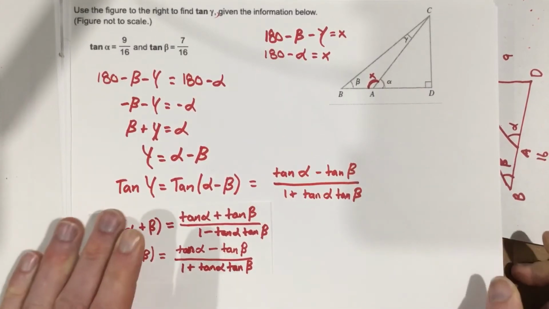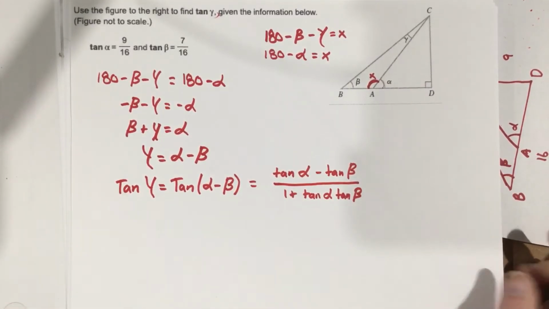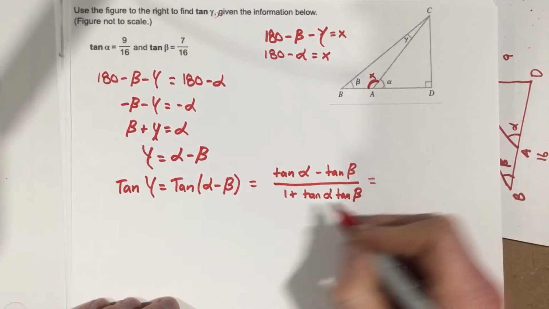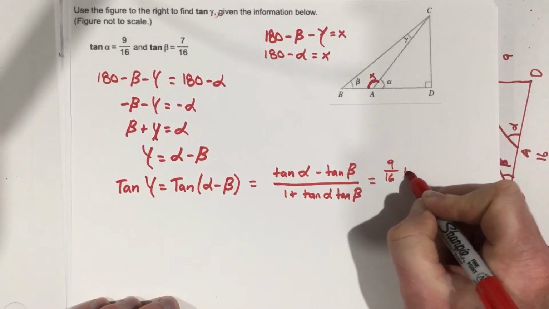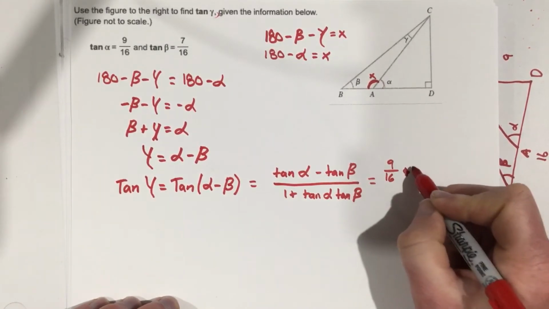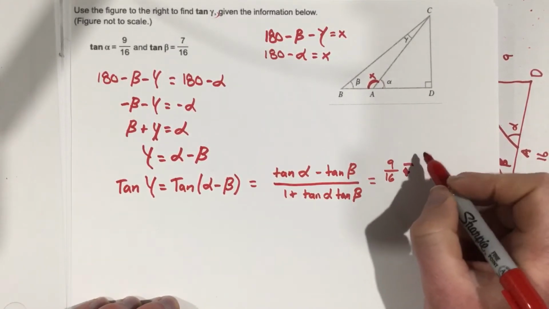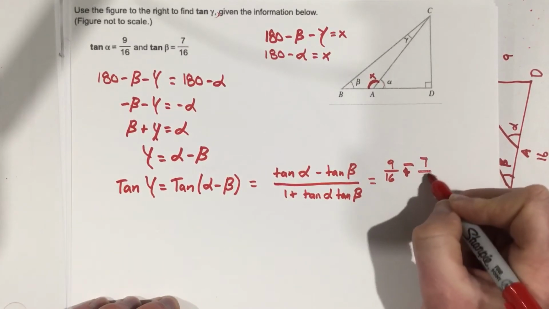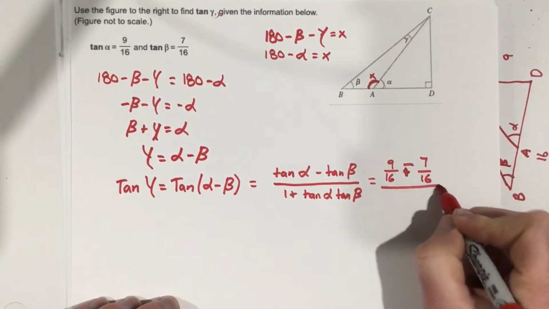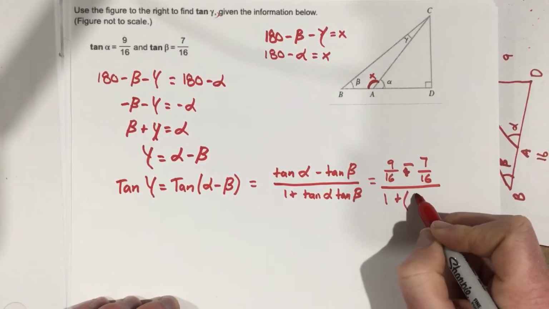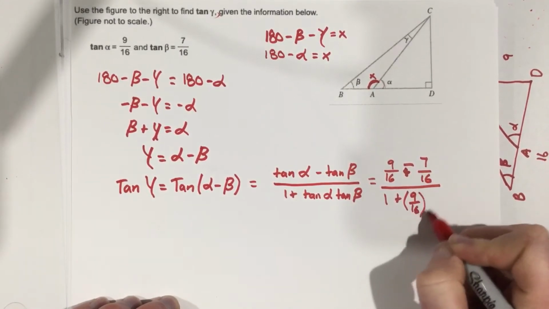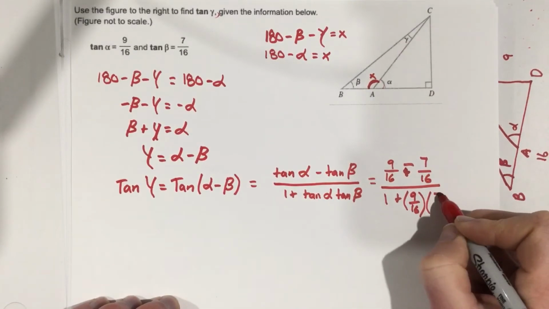And now we can use the fractions to solve this. This is equal to 9 over 16 minus 7 over 16, over 1 plus 9 over 16 times 7 over 16.